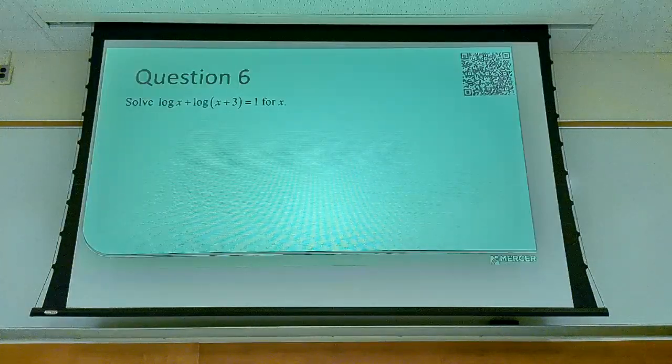Okay, so again, we now have a sum of logs. We can't, well, I guess we could technically. We could jump right to the exponential and then use properties of exponents. I'm going to start with properties of logs.